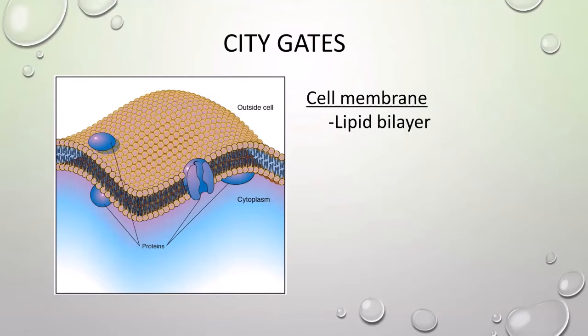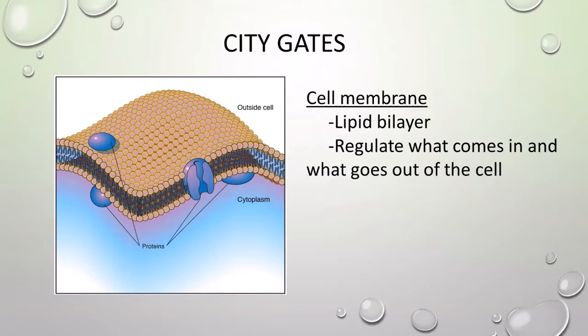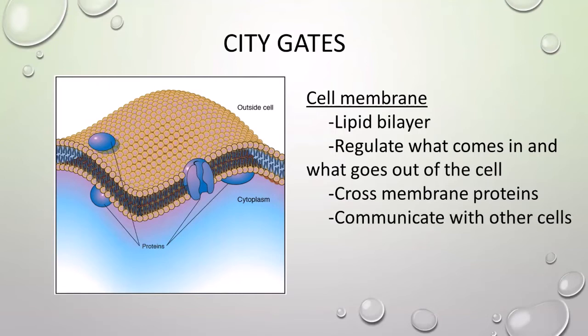And just like nuclear pores in a nucleus, there's a regulation of what comes in and what goes out of the cell. There's cross-membrane proteins that we'll look at in the next slide. And it communicates with other cells using some of these protein signaling that we'll be looking at.